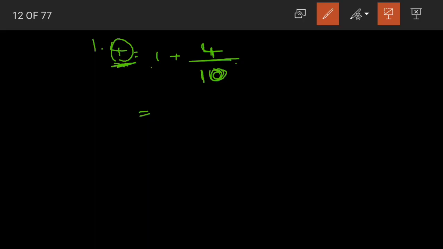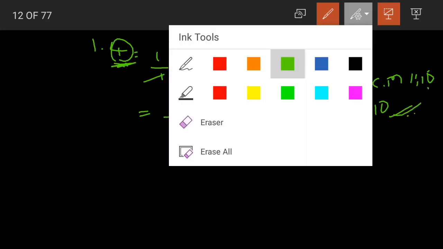How will we add this, children? 1 can be written as 1 by 1. Now the denominators are 1 and 10. How to take the LCM? As we have discussed, the LCM of 1 and any other number will be the number itself. Here the LCM of 1 and 10 is equal to 10. So now the denominators should be 10.